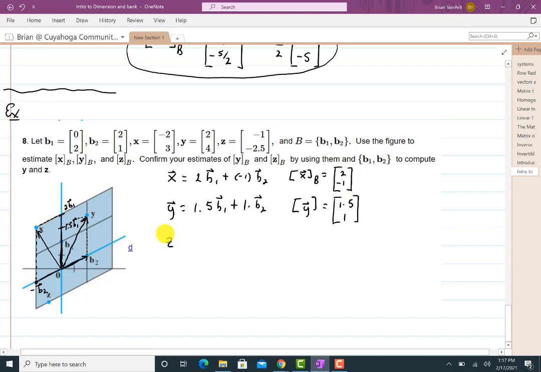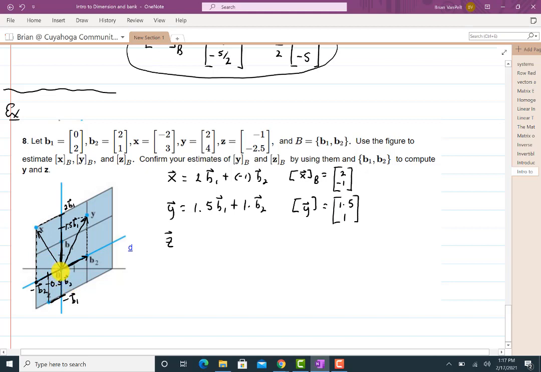And then let's move on to z. z is all the way down here. If you were to ask me, that's about halfway. So I'm going to put this here. Let's call that negative 0.5 b2. Okay, and there's z. And then I need this b1 here. This would be negative b1. It's hard to see, so I'm going to draw here.